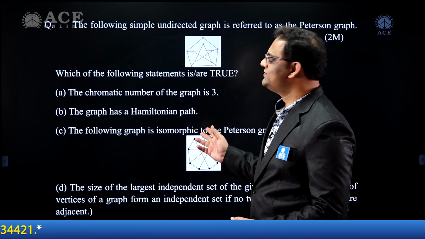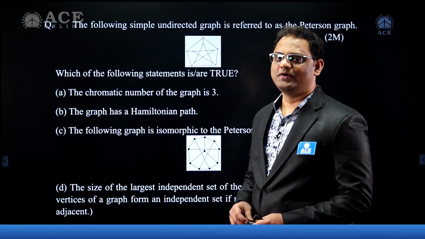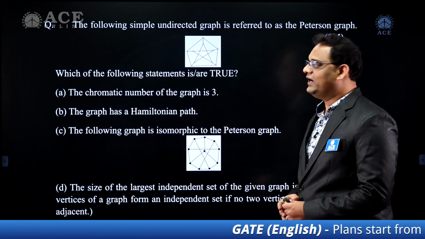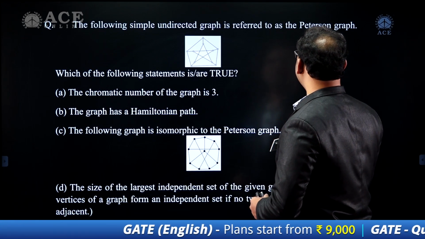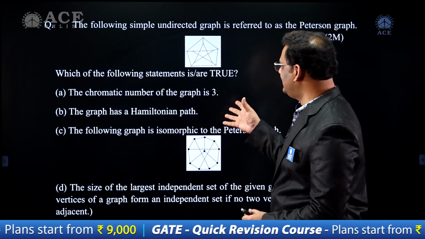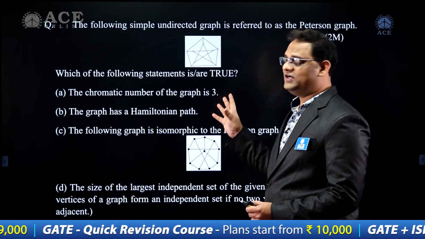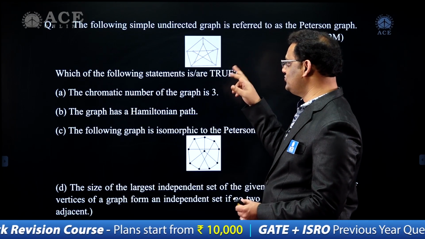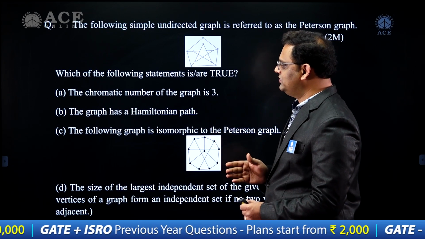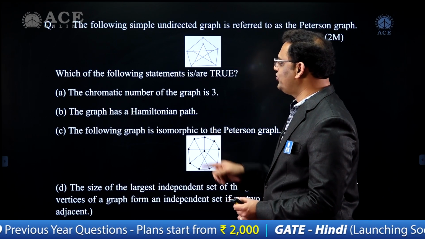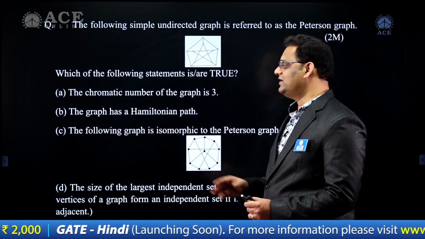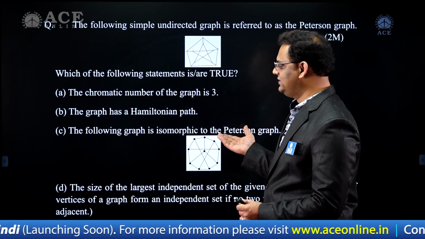Yeah, students, this is the 2 marks question from our graph theory. So see this. The following simple undirected graph is referred to as Petersen's graph. Petersen's graph is given with 10 vertices and 2 C5s, 2 cycles, right? So which of the following statements are true? The first statement says that the chromatic number of the graph is 3, and the second statement is that the graph has a Hamiltonian path.